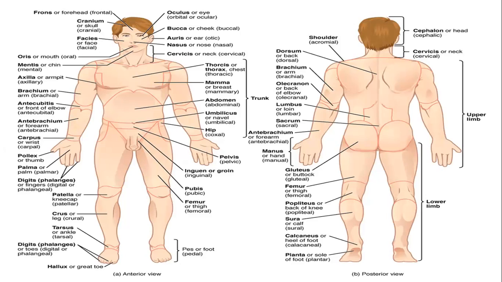When we're talking about the cheek, they call it bucca, because one of the things is when we take medication, we might just take it where we put it in the cheek. It's called buccal, taking it buccally.